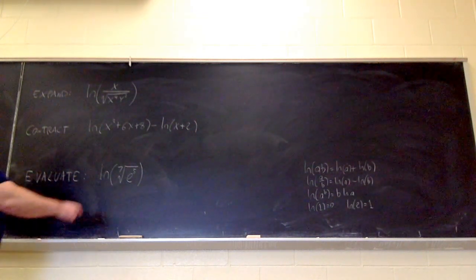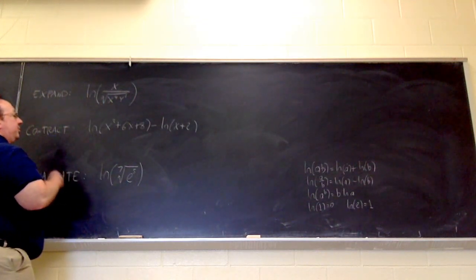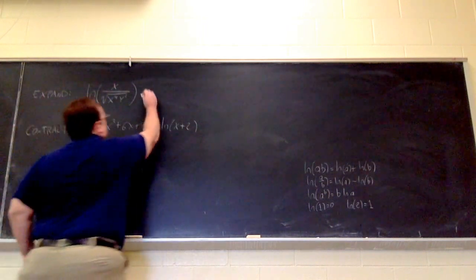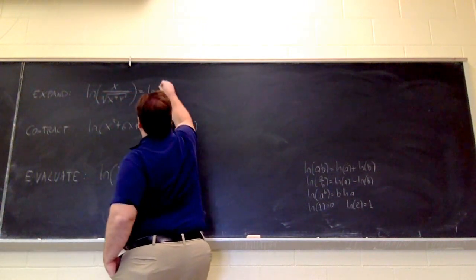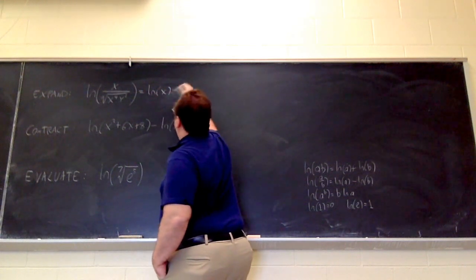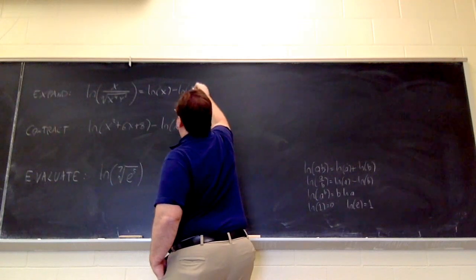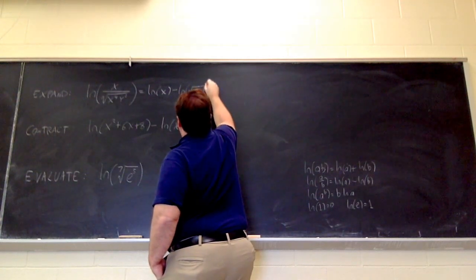So for the first one, we have a log of a quotient first and foremost. So I'm going to use the second property. The log of a quotient is the difference of the logs. So log x minus the rest, log of the square root of x to the 4th y squared.